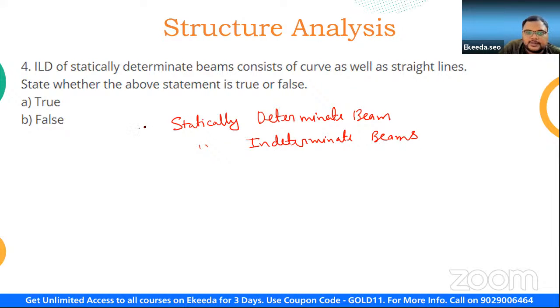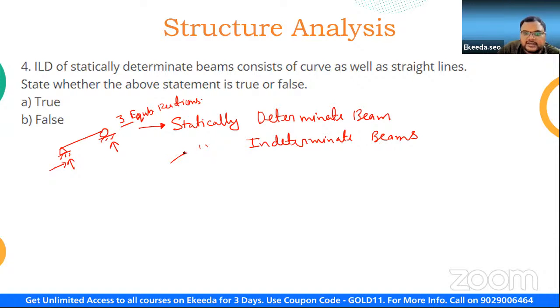When I say that a beam is statically determinate, what I mean is I can calculate the support reactions. Let us say this one is a beam. Here we have two reactions and here I have one reaction, and I have three equilibrium equations. So if I have three equilibrium equations, then I can calculate these three reactions using them. So I say that this beam is a statically determinate beam.